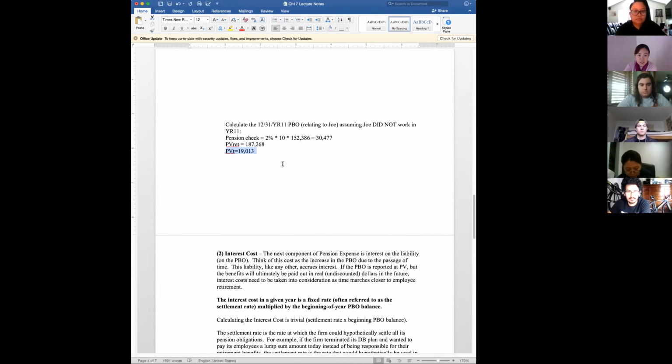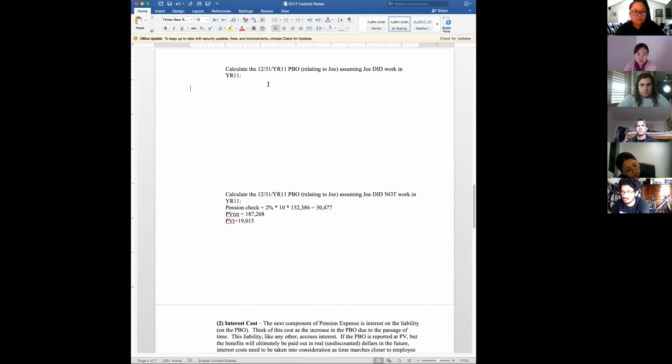When we calculated in the previous problem, the present value at time t was 20,914, assuming Joe worked in year 11. In here, assuming Joe did not work in year 11.